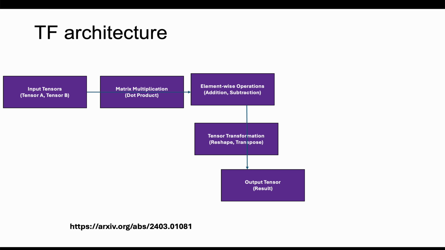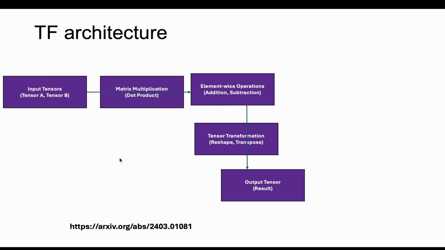You really need to understand boxes 2 and 3 as some sort of maths which is hidden in the model, and then you do the tensor transformation. Before or after computation, we need to transform the tensors again: reshape them, transpose them, put in some ReLU or scaling aspects, and then we output the tensor. That is pretty much how the whole architecture works.